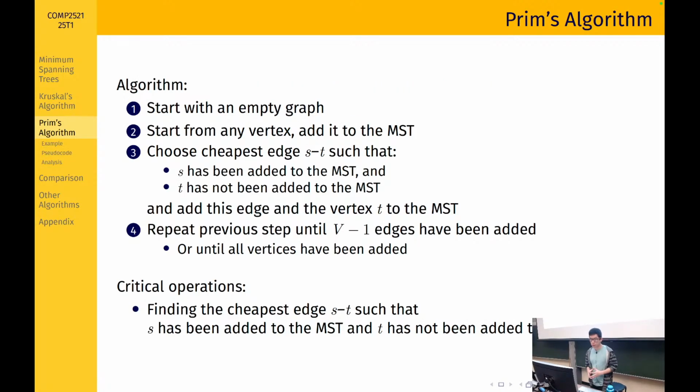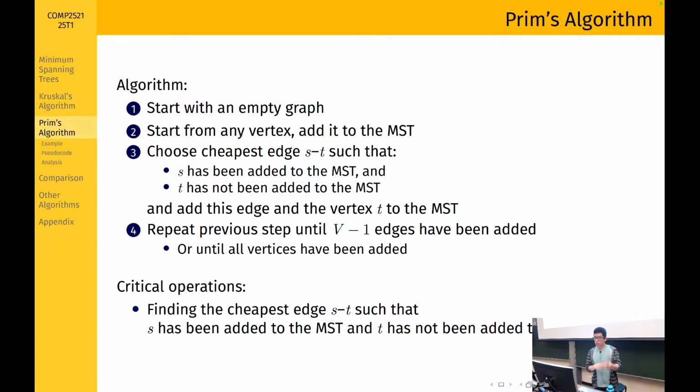The way it works is, again, we start off with an empty graph, but instead of sorting the edges, we choose a vertex to start at and add it to the minimum spanning tree. By adding it, I mean we mark that vertex as visited or added.